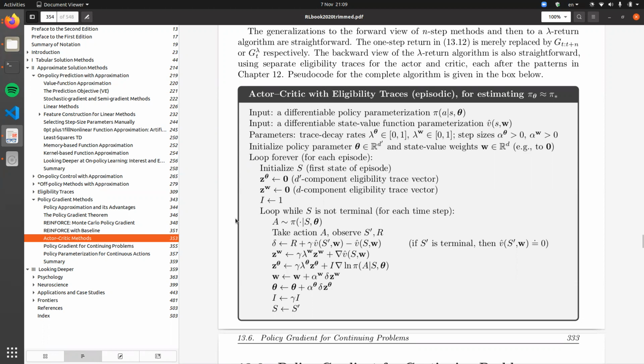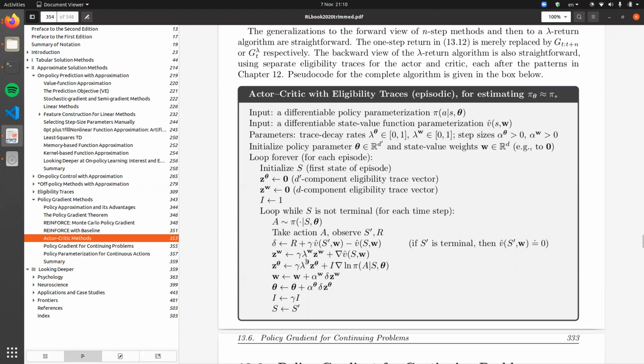So it does not require delaying the update by any number of steps, but also allows us to use n-step bootstrapping through eligibility traces. Here you can see that we have two eligibility trace vectors, for both theta and w, and the formulas we use to update them.